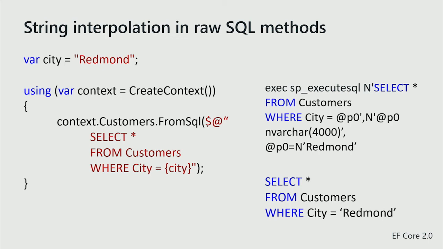Entity Framework will give you an error because what's coming back doesn't match the shape of your customer entity class in C#. That's why I did a select star, because I need all of the columns in the customer table, because they all match up to all the properties in my customer C# class that they're going into.